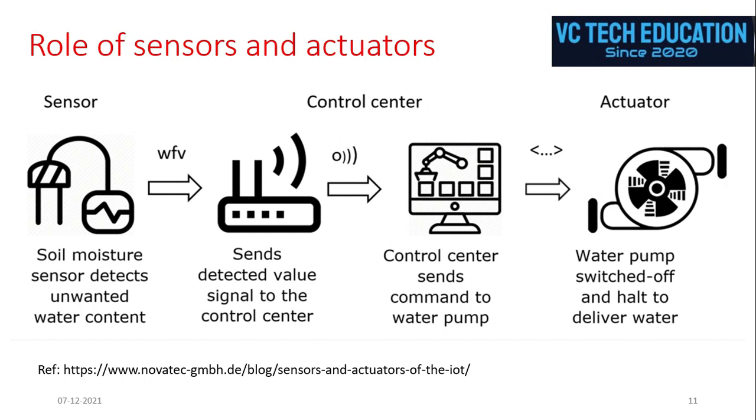The sensor detects the water level in the soil and, based on Wi-Fi, sends the value signal directly to the control center, and the control center sends a command to the water pump, and the actuator is switched on or off based on the signals received. This is a real-time example which helps farmers in the agriculture industry.